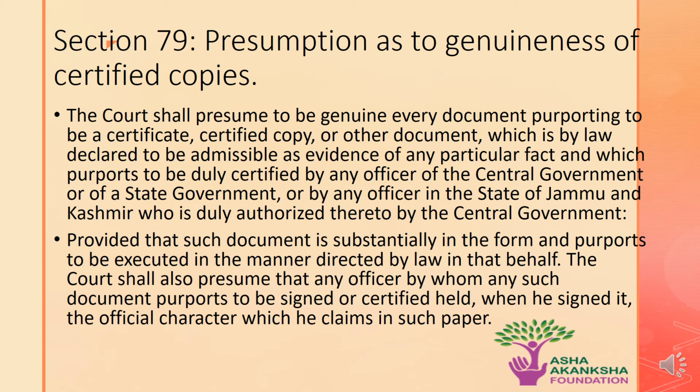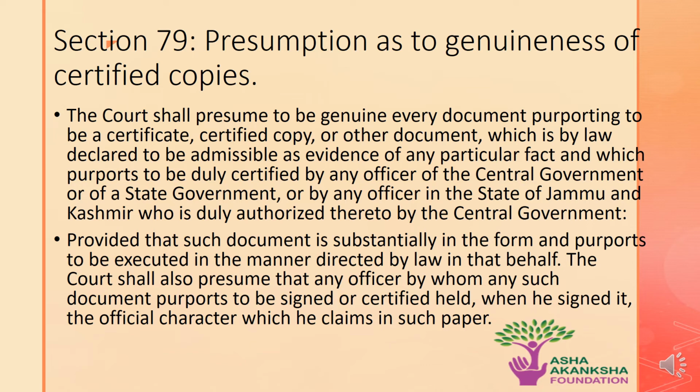Section 79 of the Evidence Act states presumption as to the genuineness of certified copies. This section states that the court shall presume to be genuine every document purporting to be a certificate, certified copy, or other document which is by law declared to be admissible as evidence of any particular fact and which purports to be duly certified by any officer of the central government or a state government or by any officer in the state of Jammu and Kashmir who is duly authorized thereto by the central government, provided that such document is substantially in form and purports to be executed in a manner directed by law in that behalf.